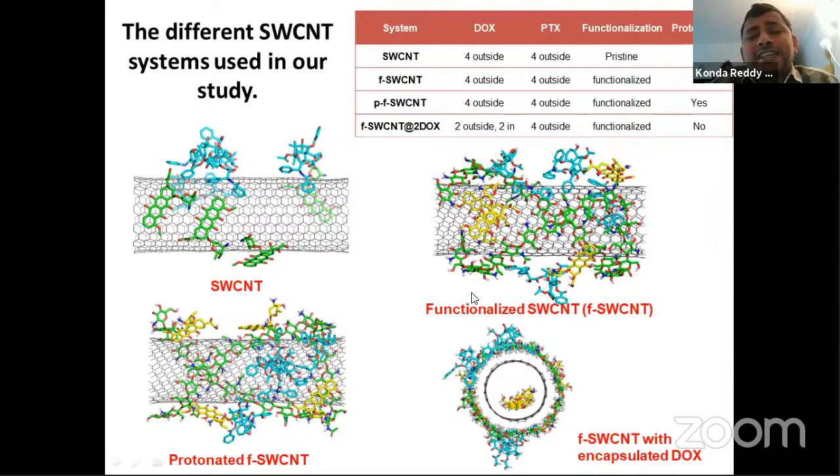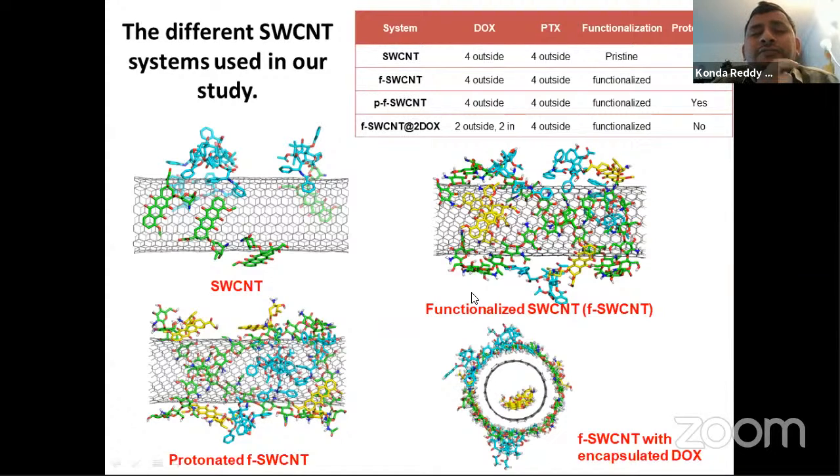What do we mean by functionalized? It means we have wrapped Chitosan on the surface of the carbon nanotube. That's what we call functionalized, a carbon nanotube with covalently interacting Chitosan.